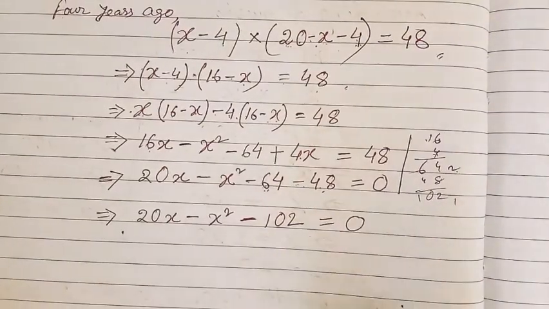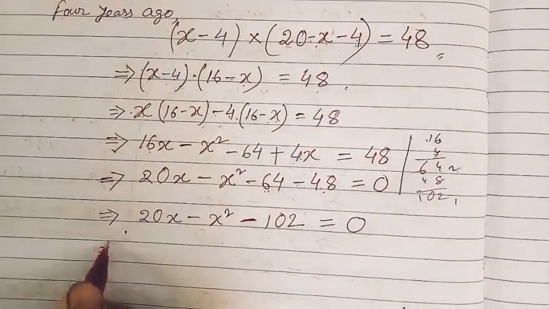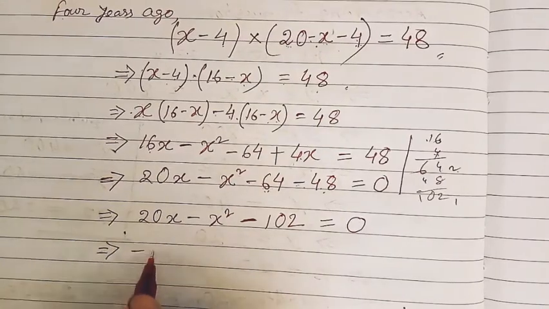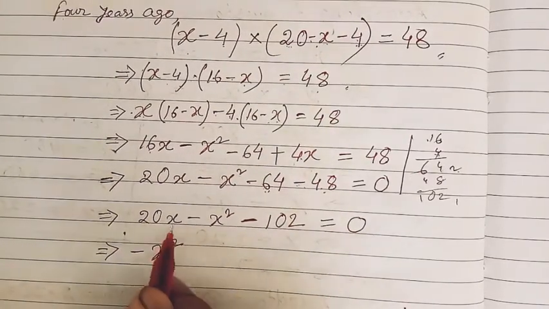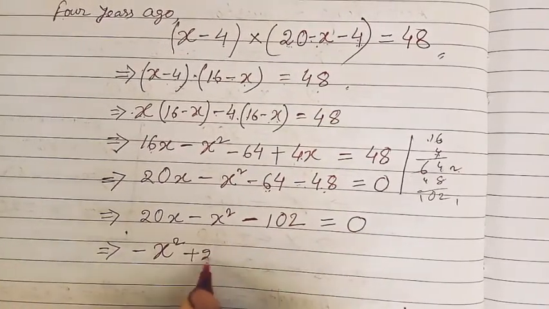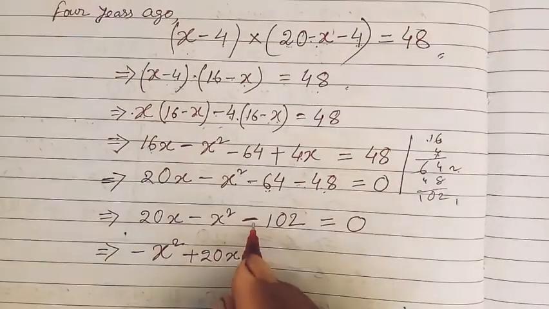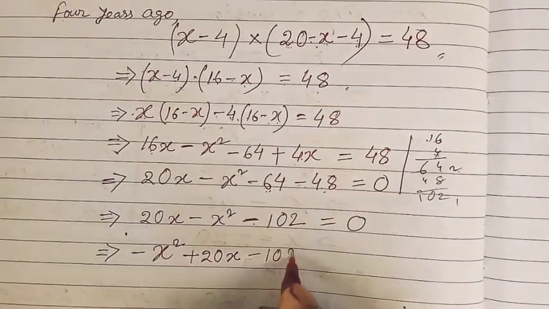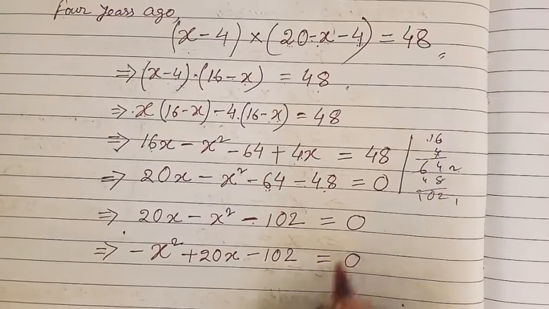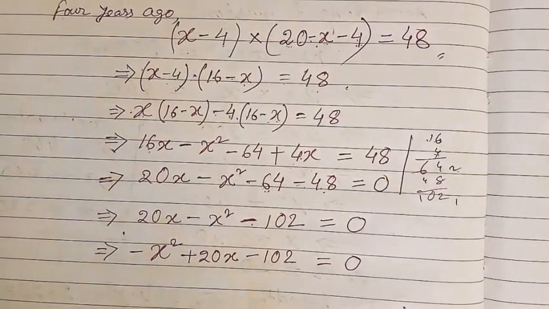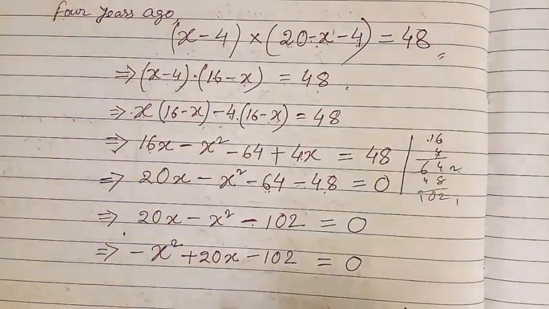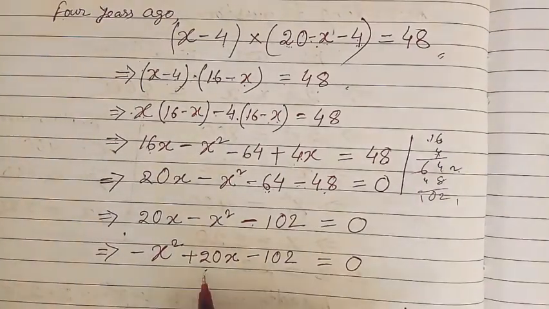Equal to 0 remains the same. Now let me arrange it in standard form: minus x square plus 20x minus 112 equal to 0. Now it becomes a complete quadratic equation.